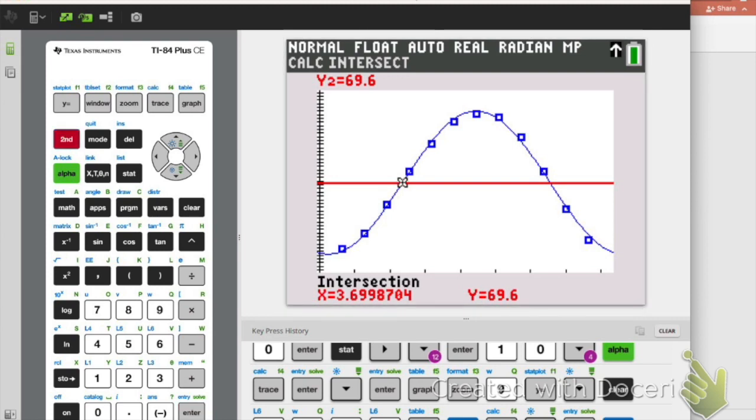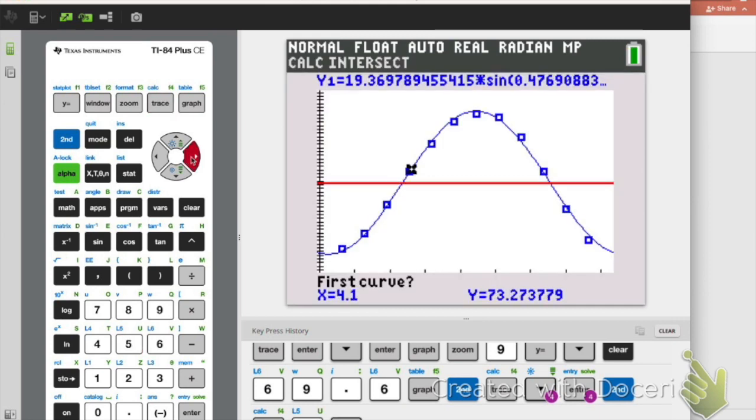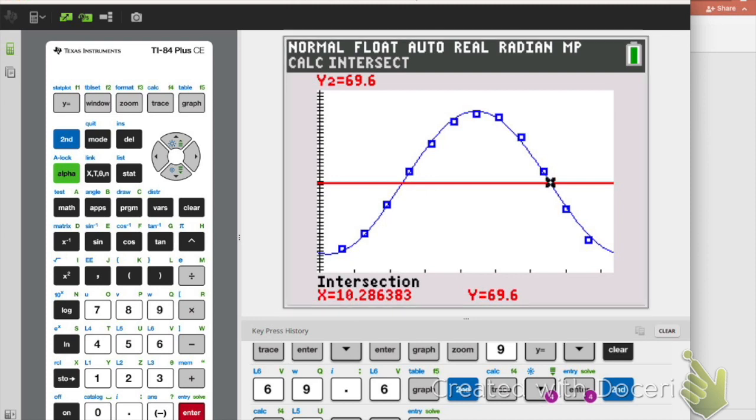So let's do a second calculate, intersect. If I move over this way, will it give me that intersection? Enter, enter, enter. There it is. So 10.28. So that puts us in, what, October? So October to November is where our temperatures start decreasing, right? Because we're getting smaller here.